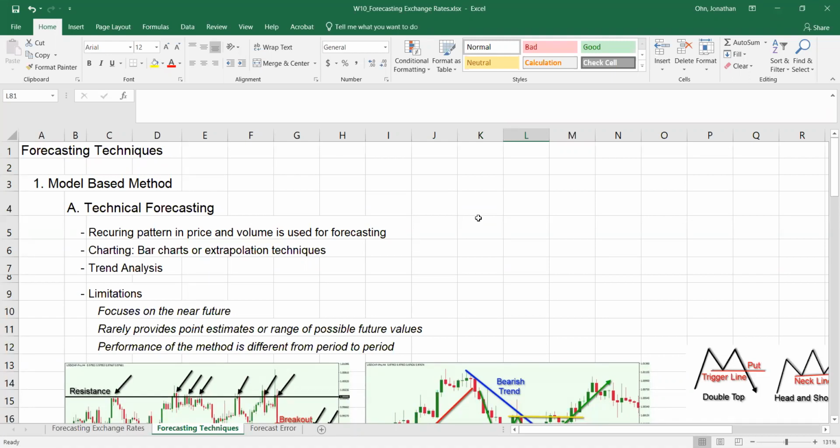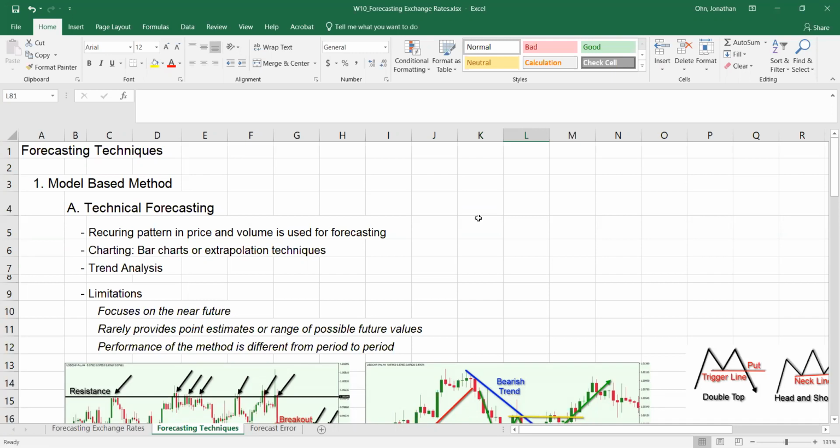They use this approach, this methodology, in stock price analysis. Here, they use the same approach on foreign exchange rates. They are similar groups with similar techniques and methodology.